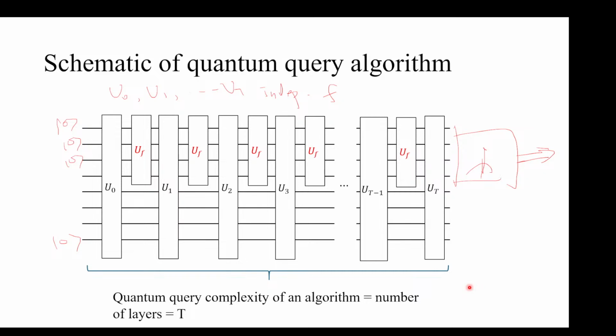But we have a more complicated algorithm. We will do this thing. It's an interleaving between unitaries that don't depend on your function, and your oracle that tells you some information about your function. And you want to learn some information about this small f using as few UF as possible. So quantum query complexity equals the number of layers, equal to this big T here.